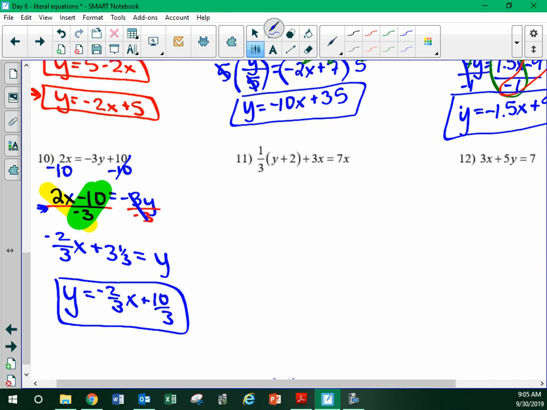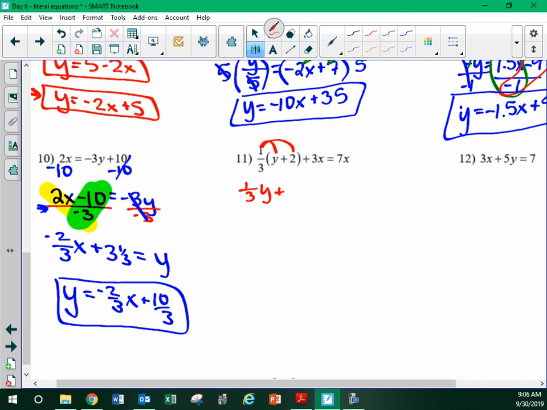All right, let's go to number 11. Once again, we've got that distribution we have to deal with first. So let's go ahead and distribute. So I have 1/3 times y. Good. 1/3 times positive 2. What does that give us? Hopefully it's a positive.